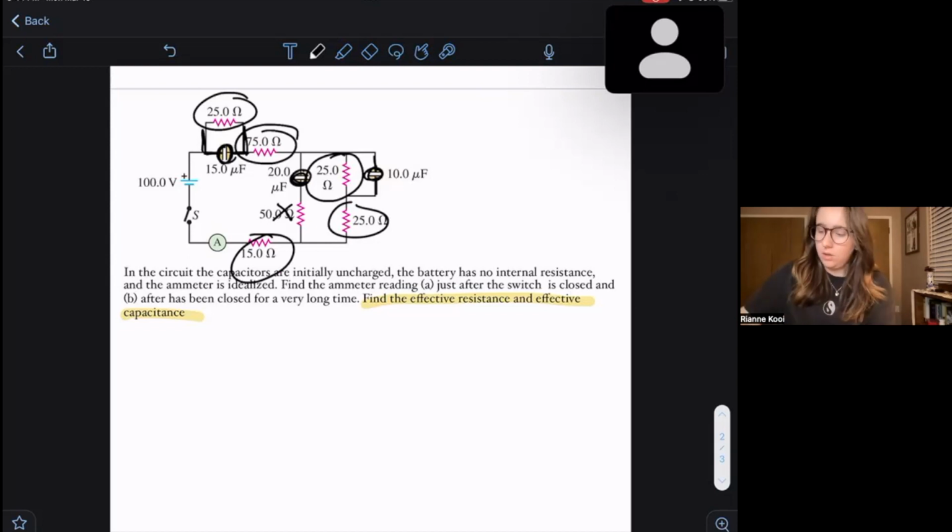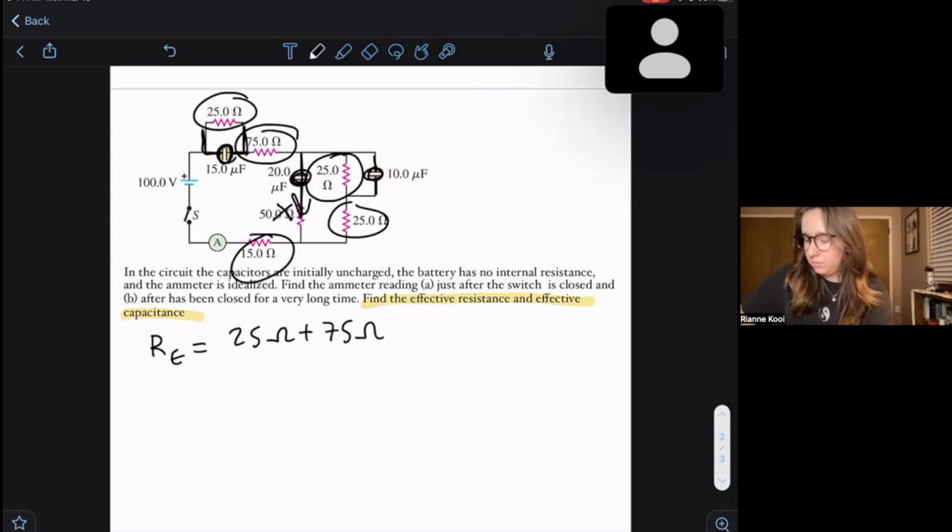So now we want to find our effective resistance now. So now we don't get to go through this line, so we don't have any more parallel resistors. Everything's in series. So we have 25 plus 75 plus 25 plus 25 plus 15.